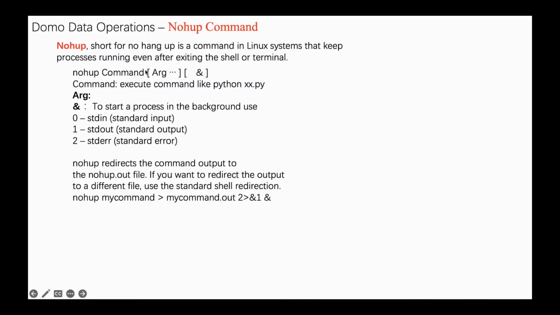But how do you run your code in the back end? You can use the nohup command. It's short for no hang up. It's a command in the Linux system that keeps a process running even after exiting the shell or terminal. So in the server, you just use this nohup command to run your Python code in the backend.